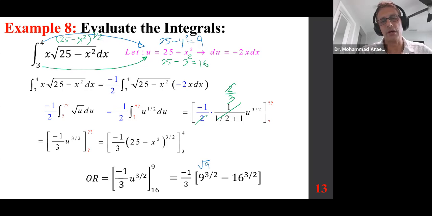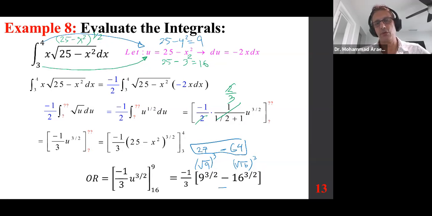This is the square root of 9 cubed, which is 27, minus the square root of 16, which is 4, cubed, which is 64. 27 minus 64 gives us negative 37, times negative 1/3 gives us positive 37/3 as the final answer.